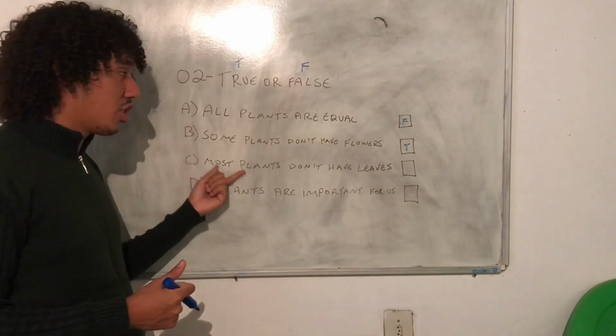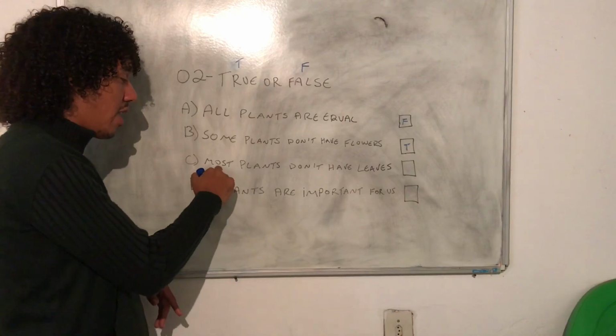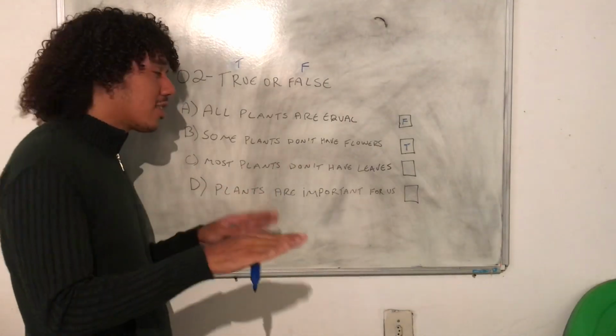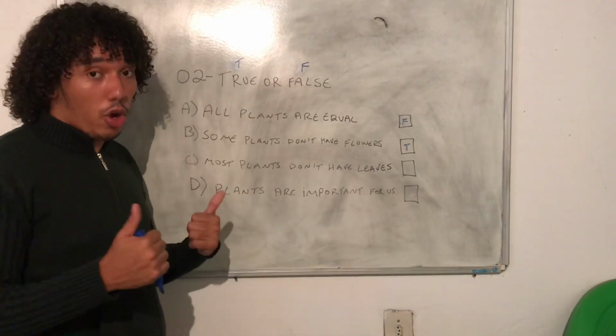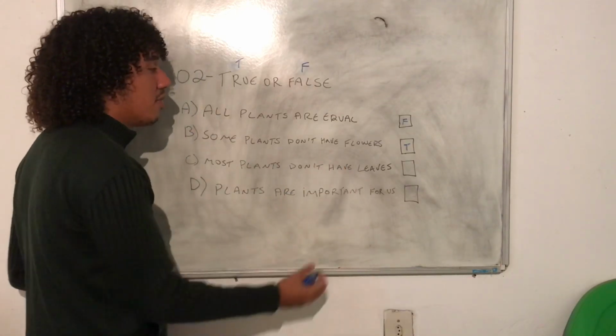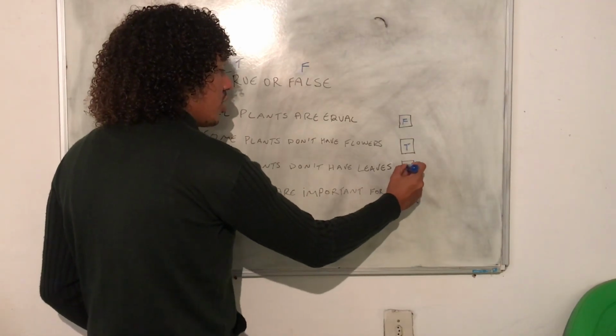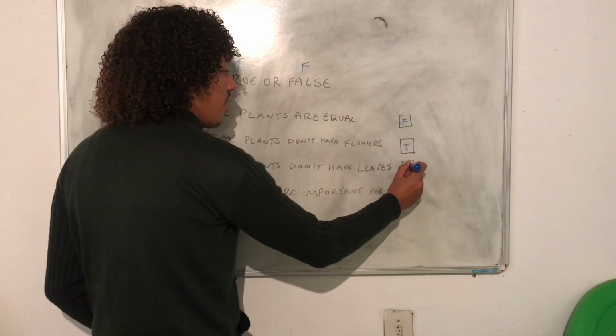So this information is false, because it says most plants do not have leaves, but we know that most plants have leaves. This information is false, okay? False.